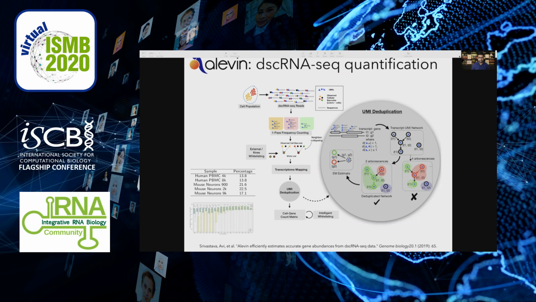However, last year we published Alevin, which modeled these multi-mapping reads in a principled framework and provides an end-to-end pipeline which starts with raw FASTQ files and generates cell versus gene count matrices. One obvious question comes up: how frequent are these gene multi-mapping reads? That's what we show in the left table.